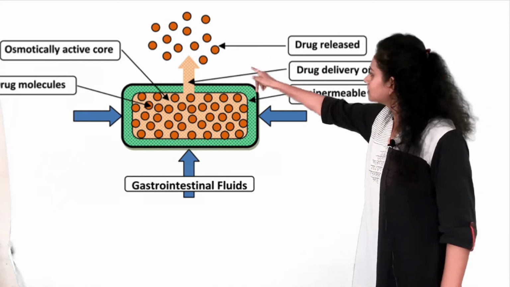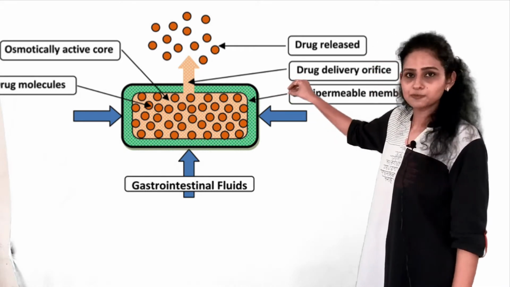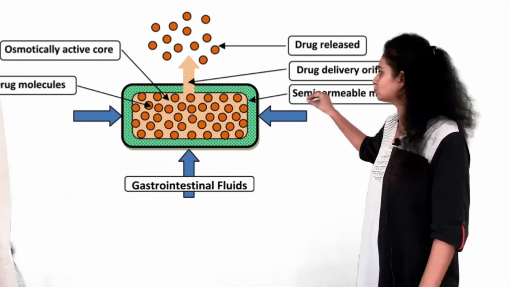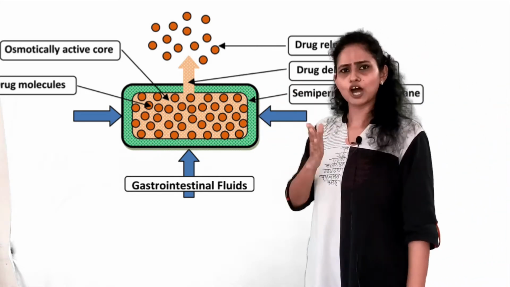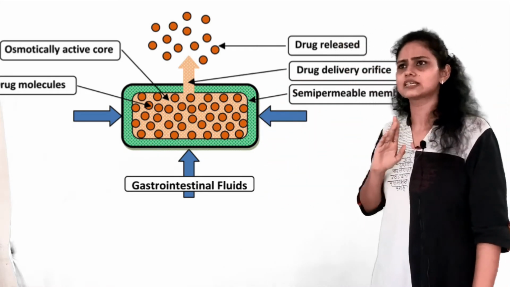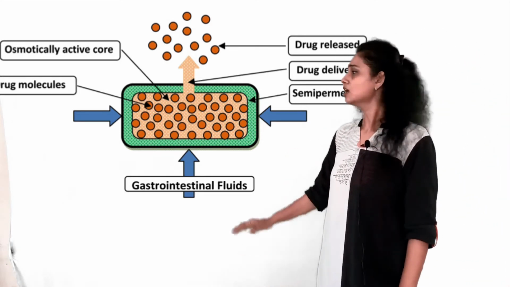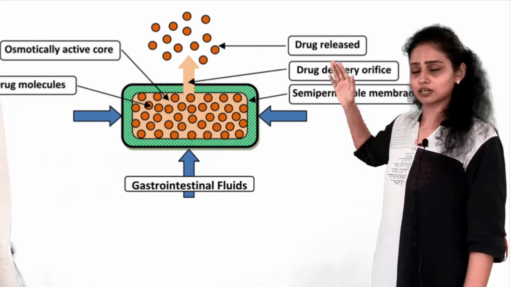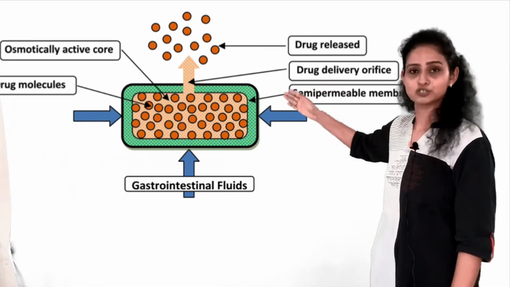Then the yellow or orange part which contains red molecules is known as the core part. The core contains your drug plus any excipients, or osmogens, which are also an essential part of osmotic drug delivery system.